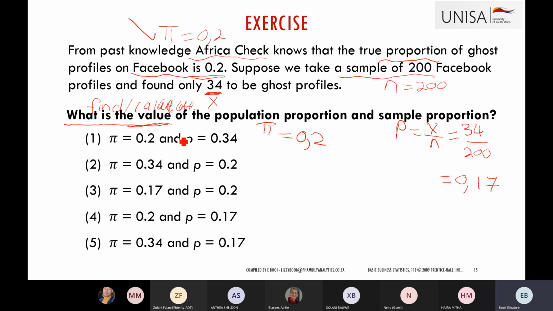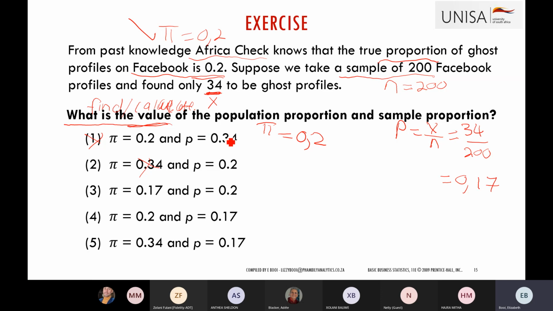0.2 and 34, that's not the correct one. 0.17 and 0.2, I did calculate something like this, but are they correct?